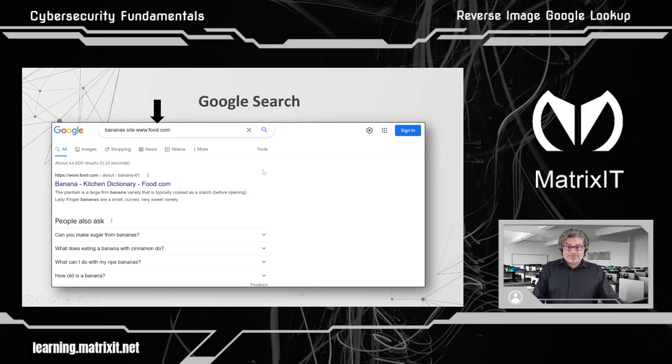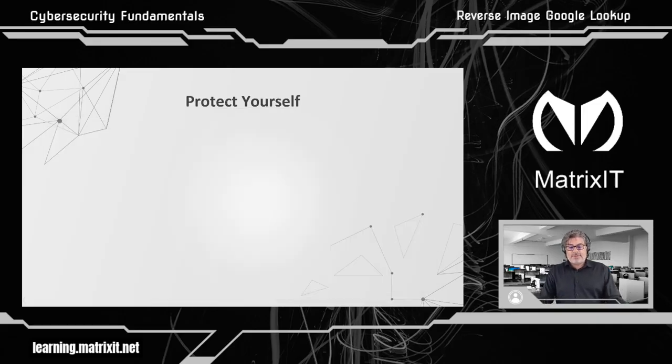Look yourself up and see if you're out there. So protect yourself. It's a little bit difficult, but do some ego surfing. Go out there and see what the internet knows about you. It's called ego surfing. Type your name in, put your picture in a search, and see if anything comes up.